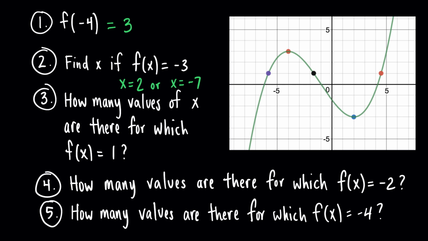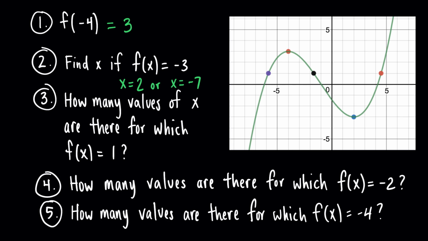Number 3, how many values of x are there for which f of x is equal to 1? All this is asking is, I want you to consider the output value of 1, which would be right here. How many input values are there where the output value is exactly 1? It's not asking you to give those numbers. It's just asking how many there are.